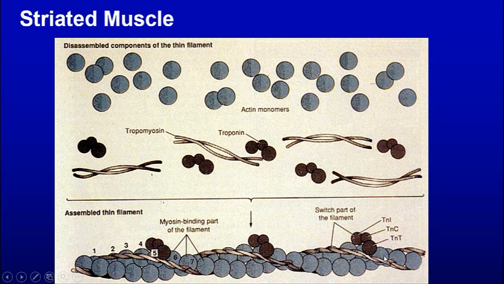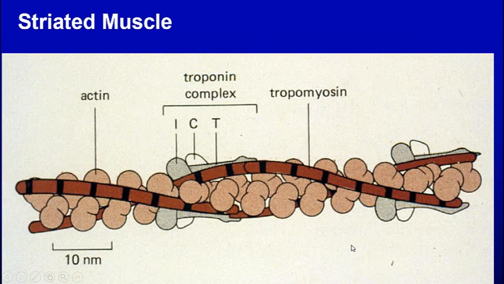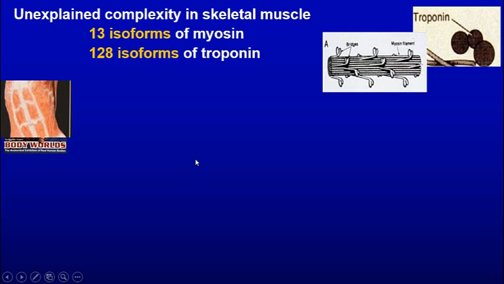And they have three components. They have a T component that covers the binding site, or it actually binds to the tropomyosin, I should say. Then it has a calcium binding and inhibition site that we see there. So note the uniform spacing of the troponin. Uniform spacing, very important. And so here we can see the actin and the tropomyosin and the three different components of the troponin complex.